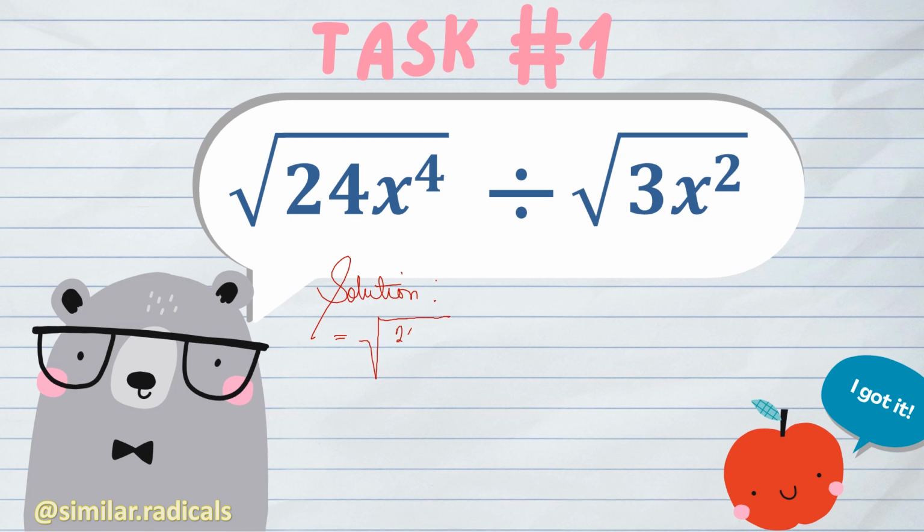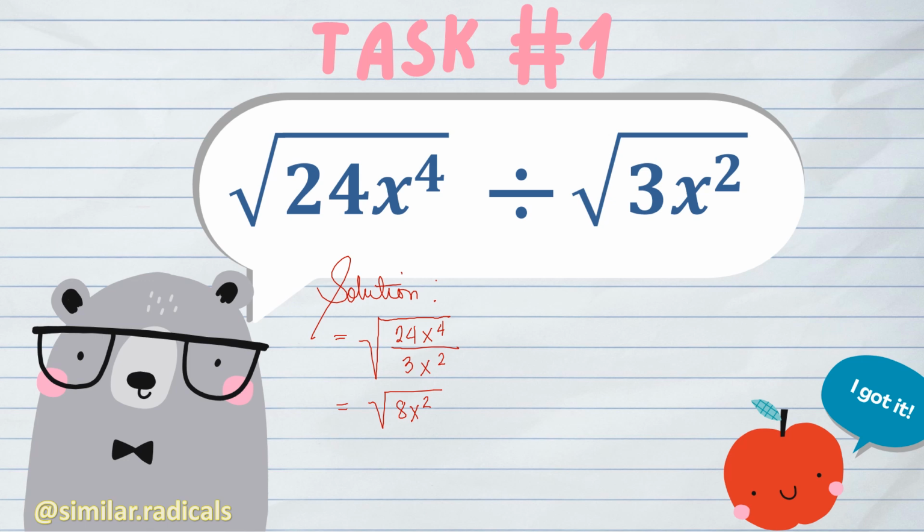So we're gonna have 24x raised to the 4th power divided by 3x squared. And then from here, 24 divided by 3 is 8, and x raised to the 4th power divided by x squared is x squared. Just imagine you are simply dividing polynomials.